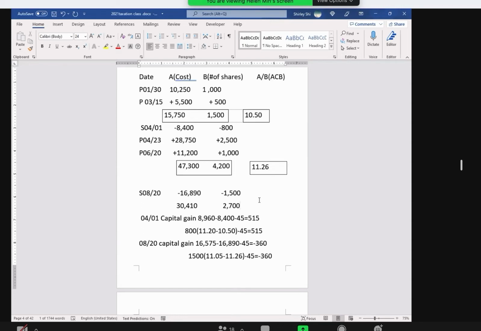Then the quantity is decreased, right? So for the warehouse, you only take care of the quantity. You don't care about the money because you don't know the money.